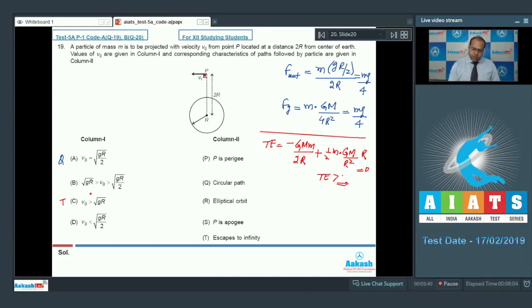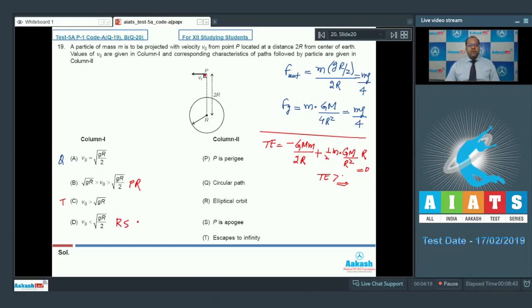So the correct matching will be P and R. And when V0 is less than under root GR by 2, again it is elliptical path, but now point P is the point of apogee, that is the farthest distance from the center of Earth. So in this case, the correct matching will be R and S. So for question number 19, the correct matching for entry A is Q, for entry B it is PR, for entry C it is T, and for entry D it is RS.